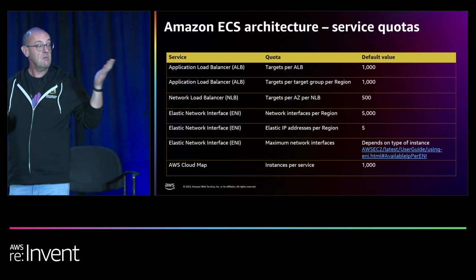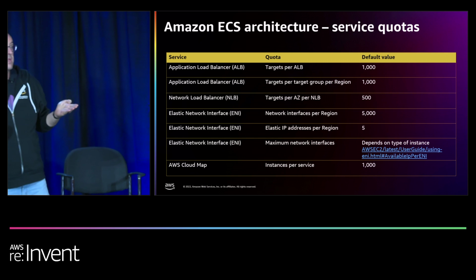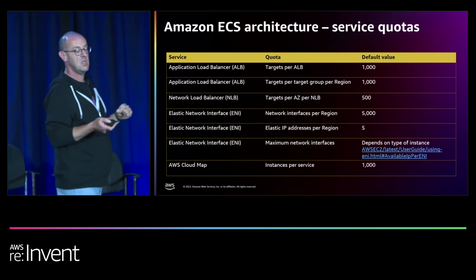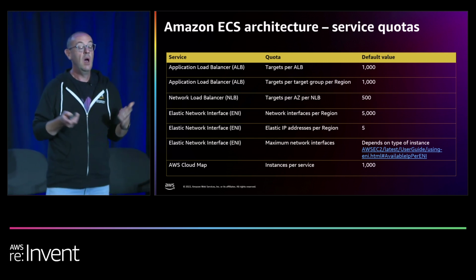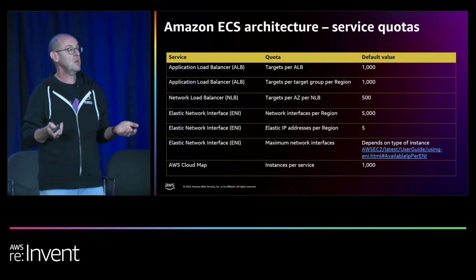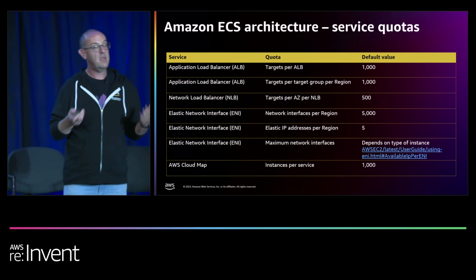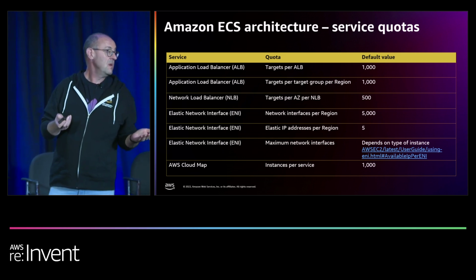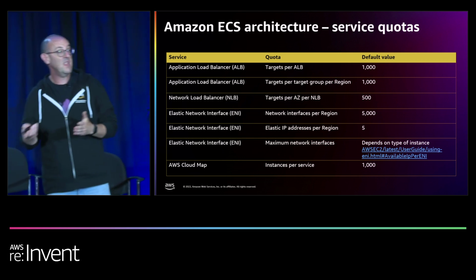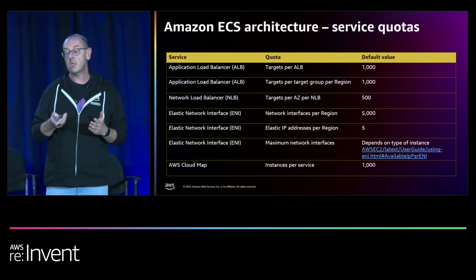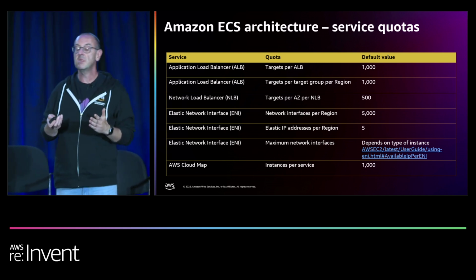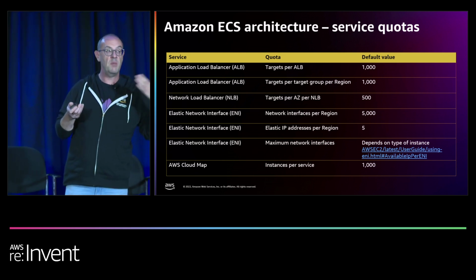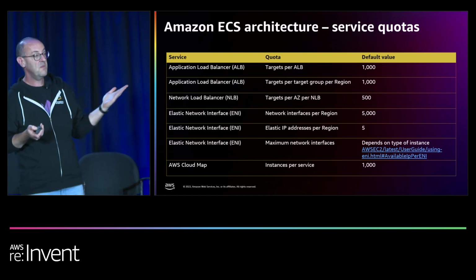For example, one of the items that you might have to think about, and we'll go into this in a little bit more detail afterwards, is load balancers. By default, a load balancer has the ability to add 1,000 targets to an ALB. If you are going above that in the number of tasks within your ECS service, then you will have to ask for a limit raise for that specific metric.